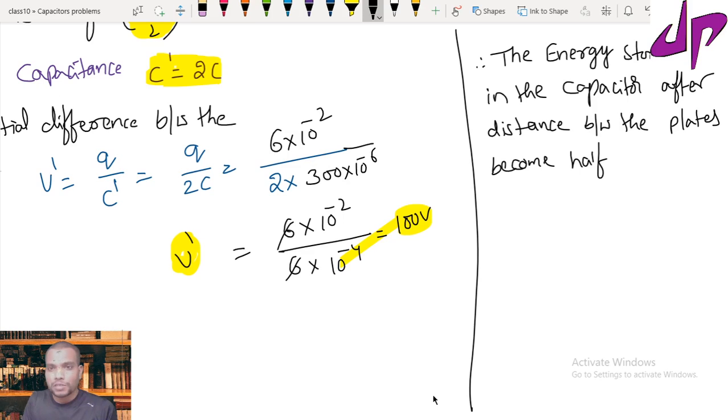We can use the same formula. Let me take it as U dash, which equals half C dash V dash square, like half CV square.